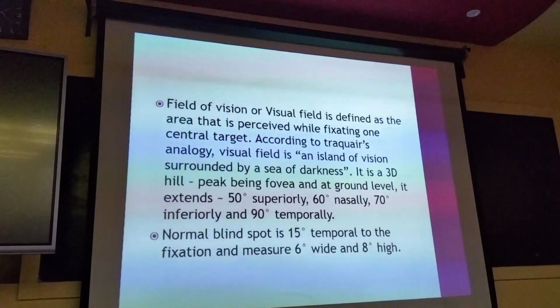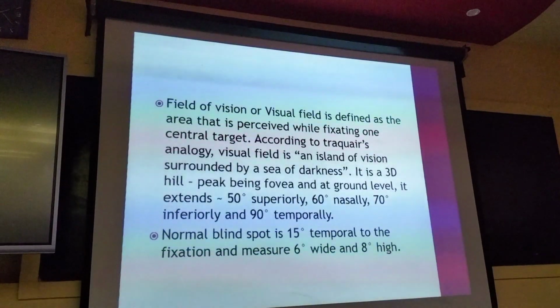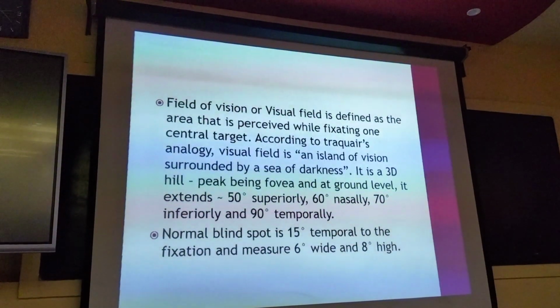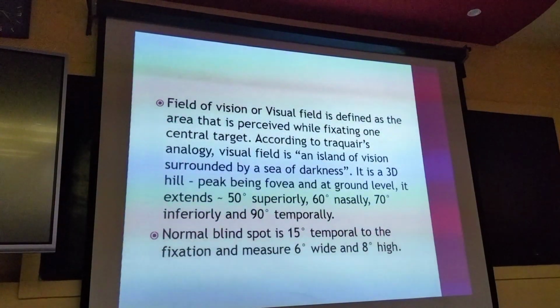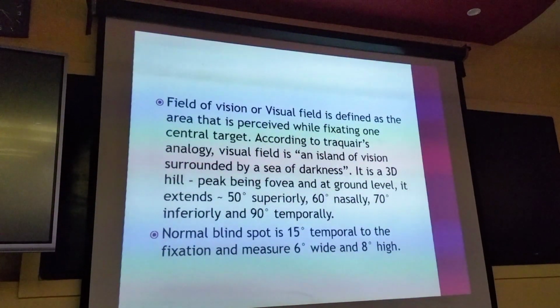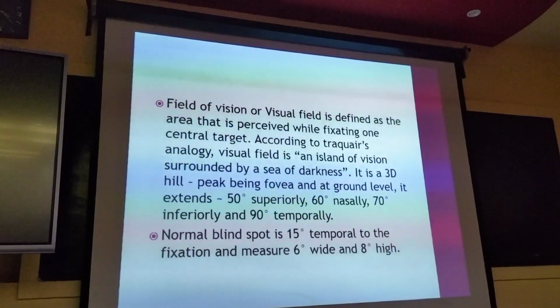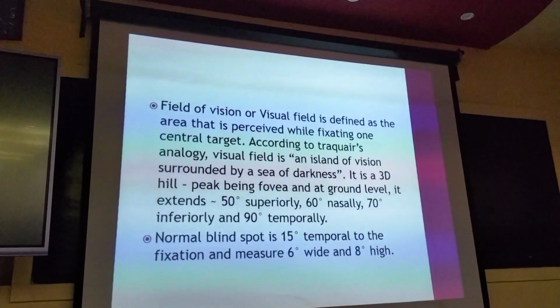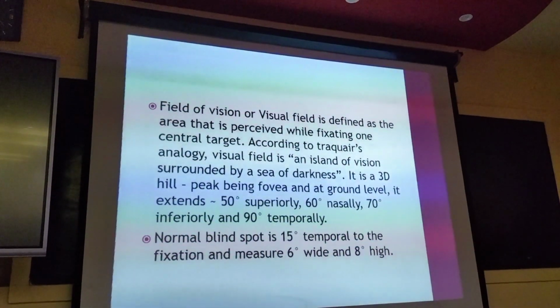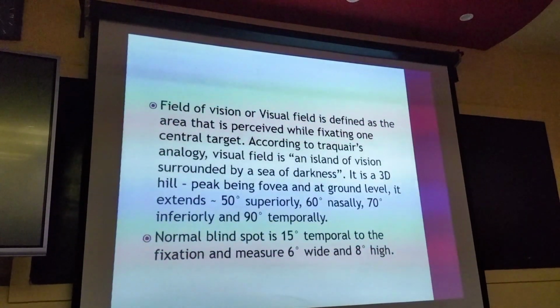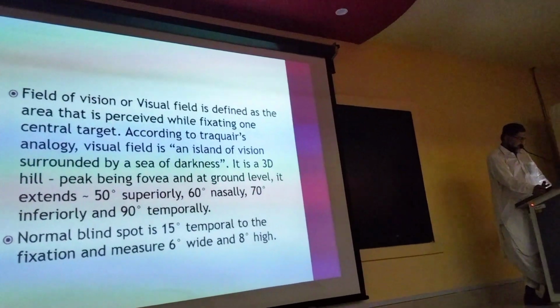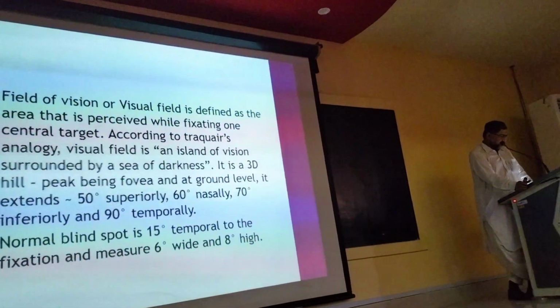But the temporal field of vision is the only field of vision which cannot be covered by the other eye. That's why nature has provided an extensive field of view on the temporal side, and that is 90 degrees. So remember this: how much is the extension of the visual field in all four quadrants.